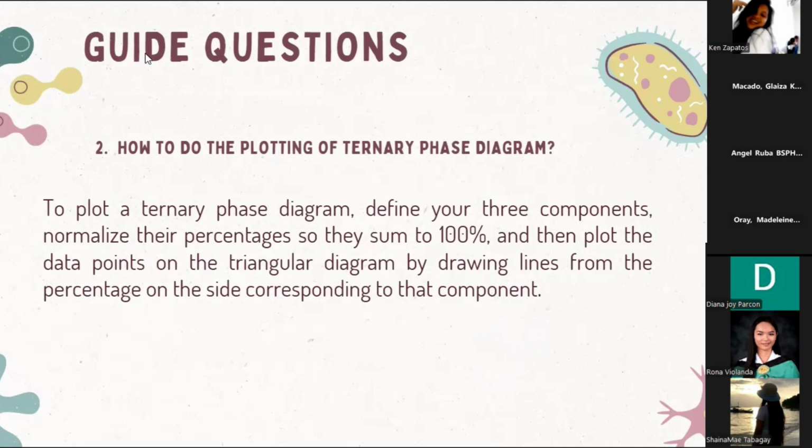Then plot the data points on the triangular diagram by drawing lines from the percentage on the side corresponding to that component. Once you have drawn the composition lines, identify the intersection point of those three components. That point represents the specific, unique phase composition of the mixture.